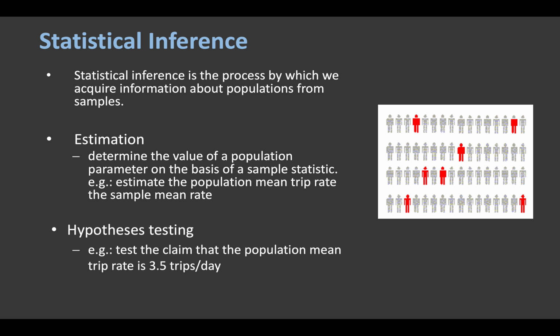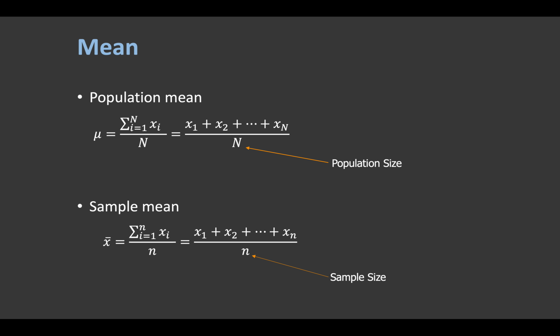There are quite a few similar concepts, calculations we can do, where some of the parameters and statistics look almost identical. For example, here, the mean value. For population, we use mu to represent the population mean. So basically, we add all the numbers together, divided by capital N, which is the population size.